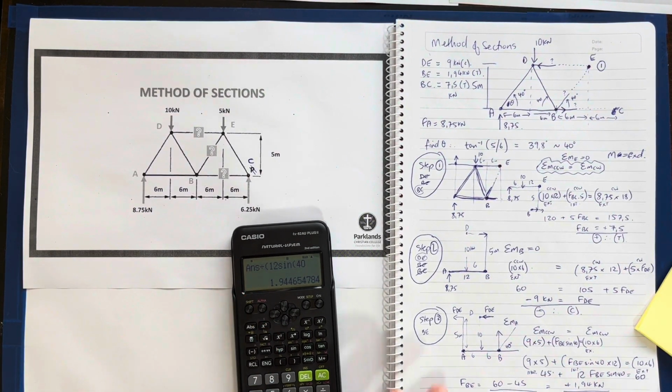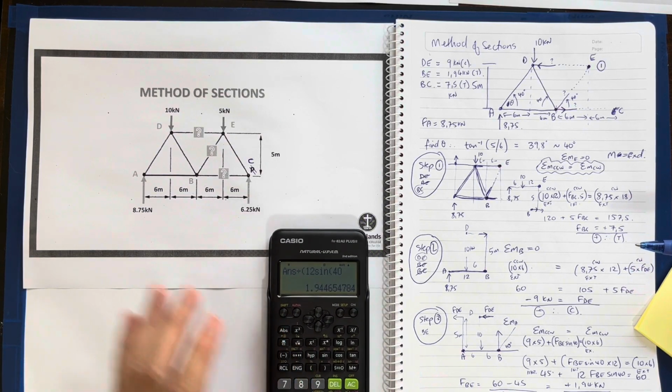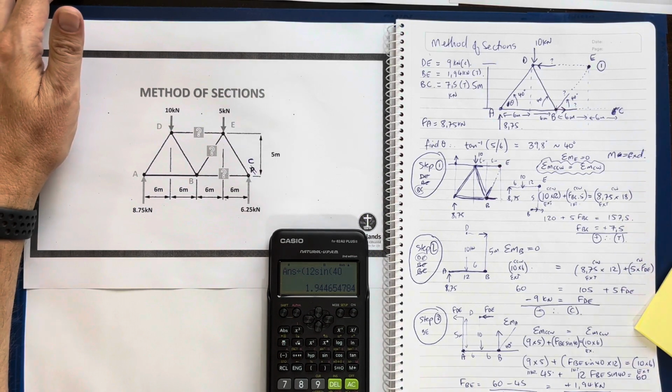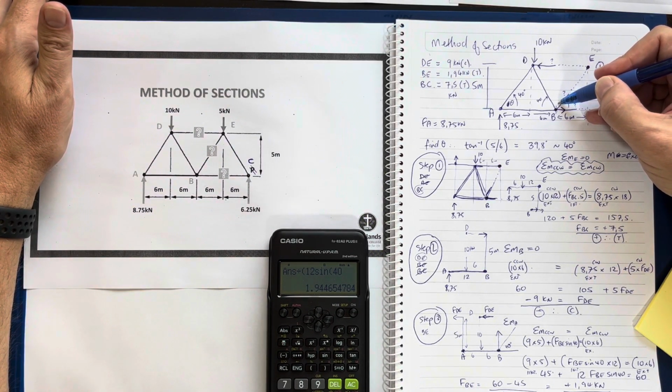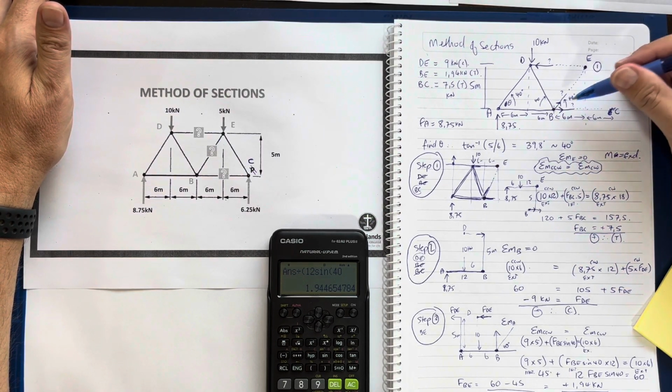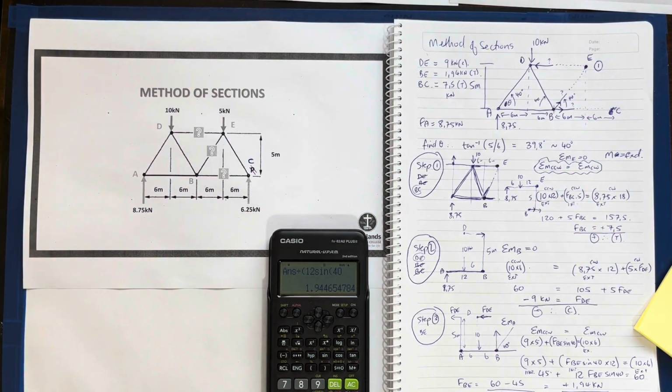That's the answer. And I've actually got verification on my truss simulators to prove that this guy is actually in tension as well, and he has a force moving away from that joint at B. So there's my method of sections.